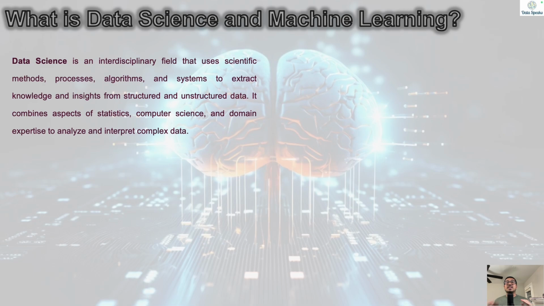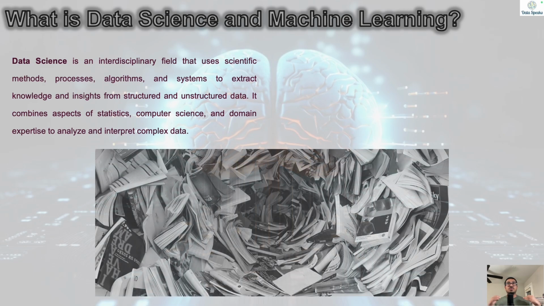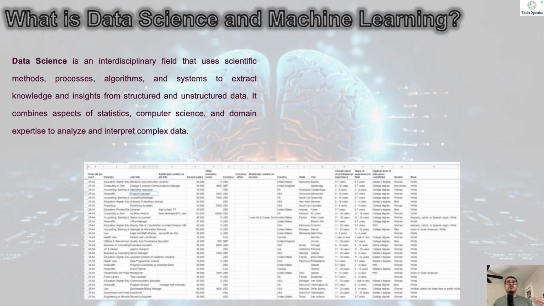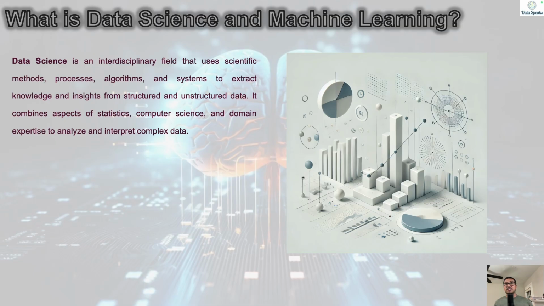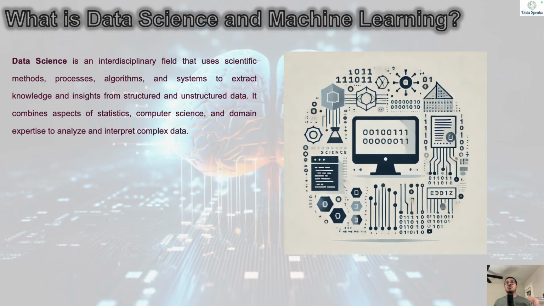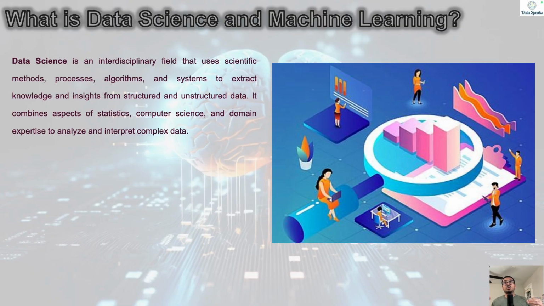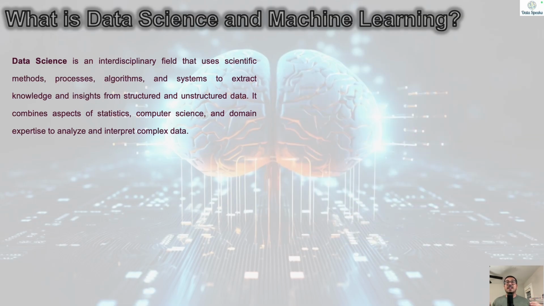Data can be a big mess, largely unstructured, and sometimes structured as well. So it combines the disciplines of statistics, computer science, and domain expertise. After having all of that multidisciplinary knowledge, you can start analyzing and interpreting the results from those complex data. That is the high-level introduction to data science.